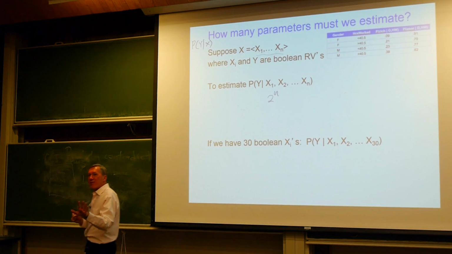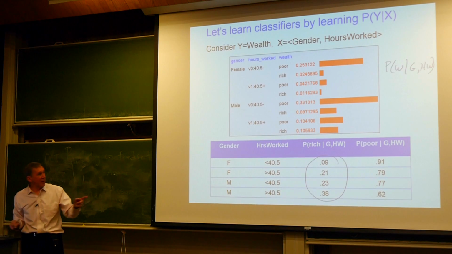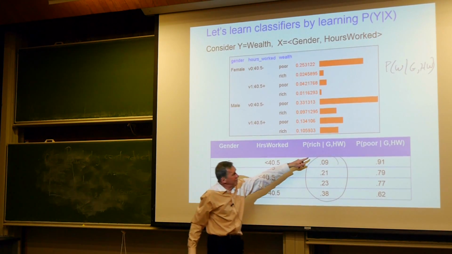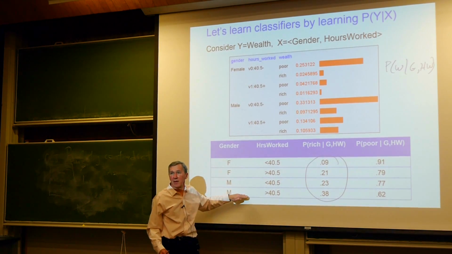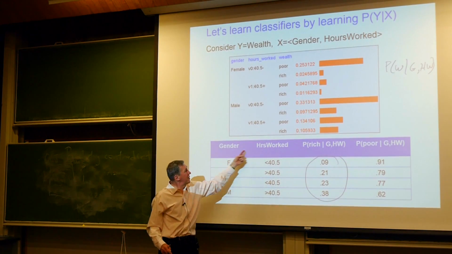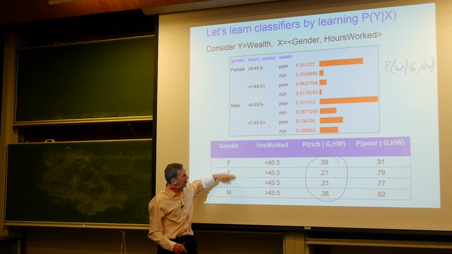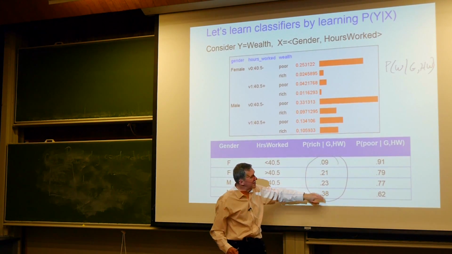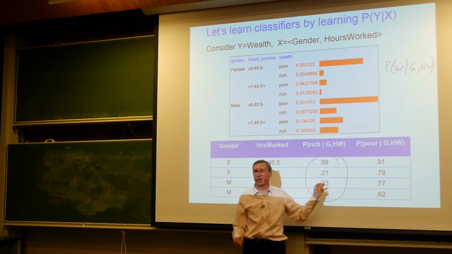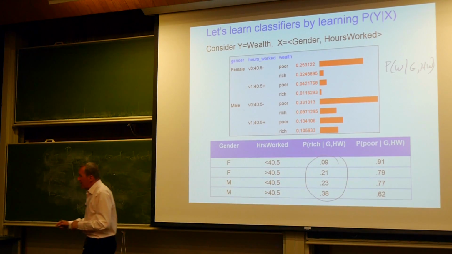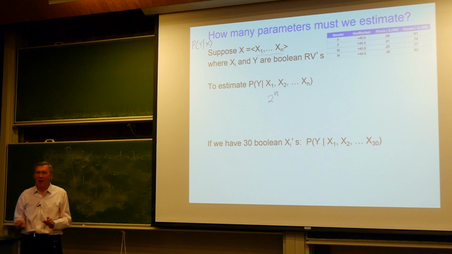But that's OK. Those are dependent, as we just agreed here. So I actually only have to estimate 1 parameter per row. Here, n equals 2. So I have 2 to the n, 4 rows. I have to estimate these 4. I don't have to worry about these because they're just 1 minus that. Right? OK, but I still have this 2 to the n problem.